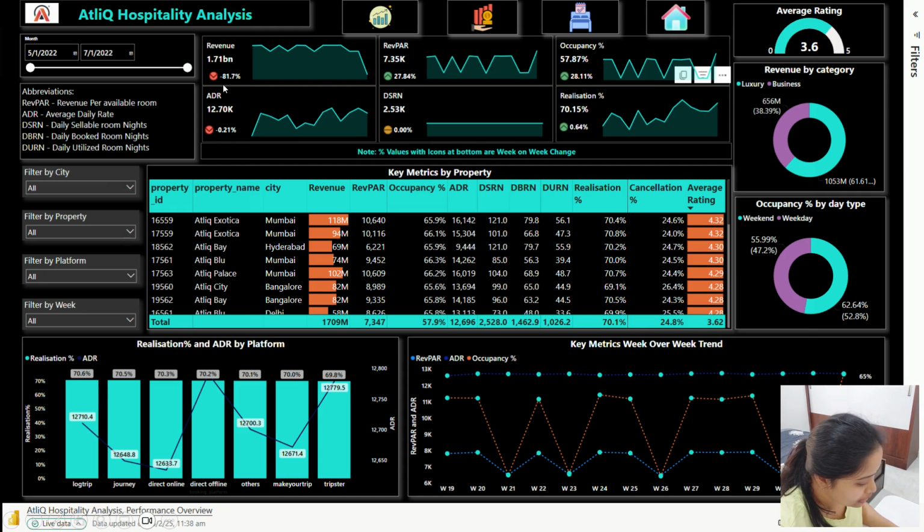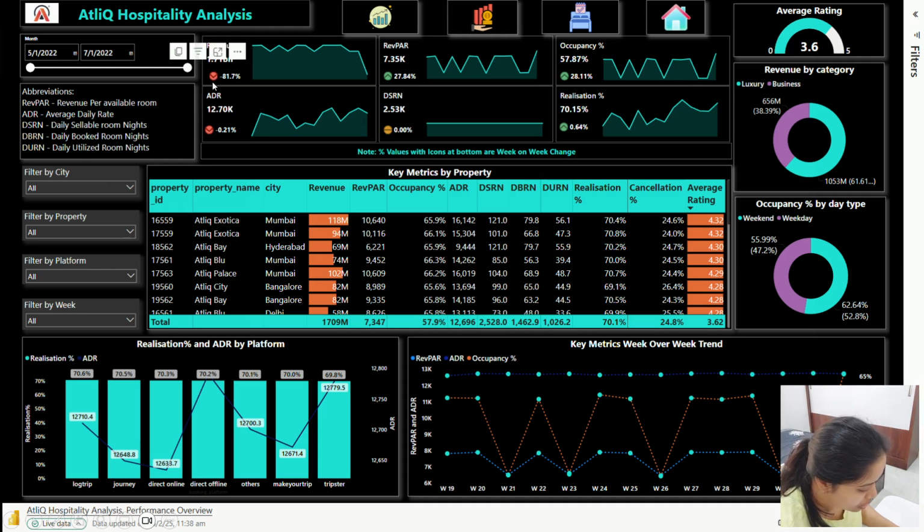If you see here, it is minus 81.7%. It means that is a drop of 81.7% from the past week to this week. And we can simply see this symbol and identify if it has reduced or increased.